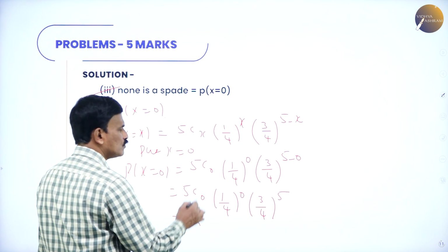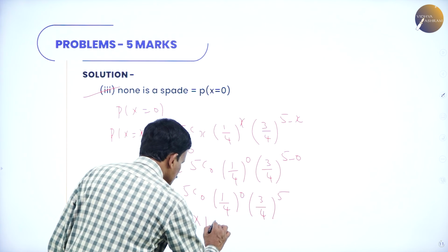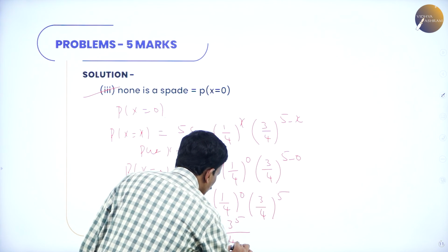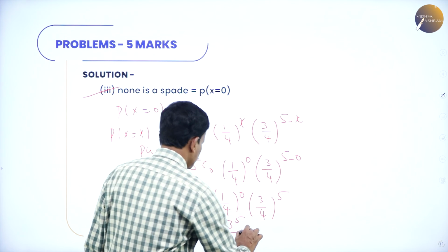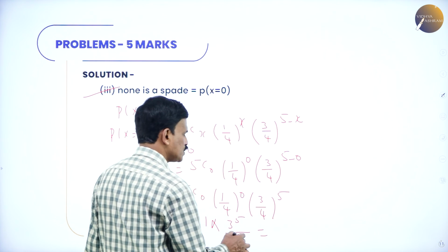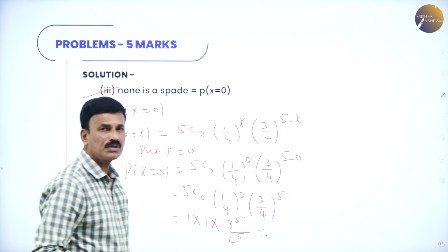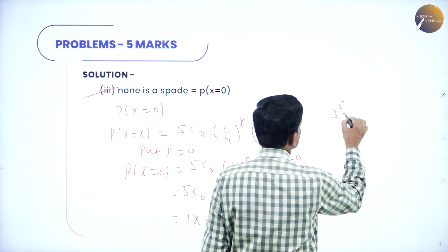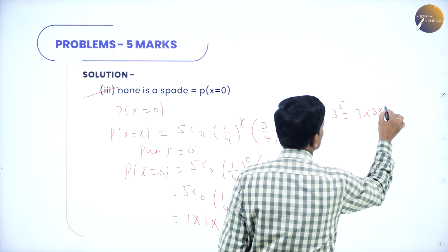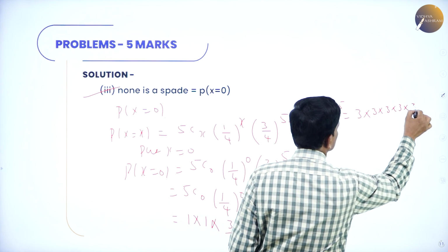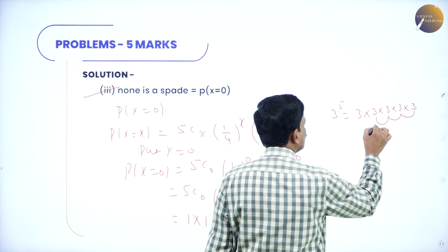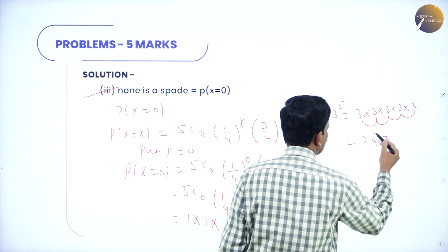5c0 is 1. 1 by 4 to the power of 0 is again 1, into 3 to the power of 5 by 4 to the power of 5. So this is equal to 3 to the power of 5 divided by 4 to the power of 5. 3 to the power of 5 is 3 into 3 into 3 into 3 into 3. 3 3s are 9, 9 3s are 27, 27 3s are 81, 81 into 3 is 243.